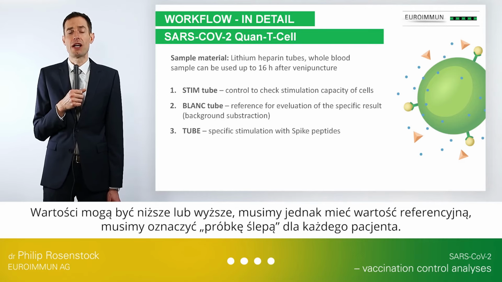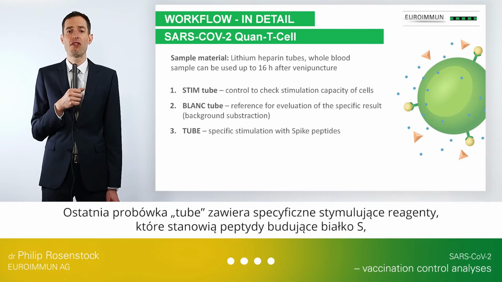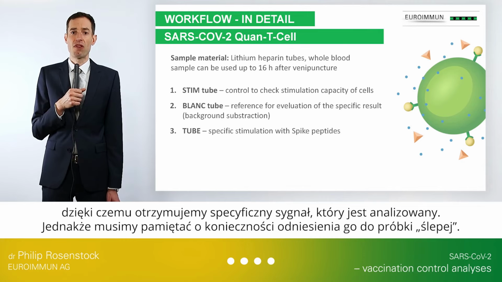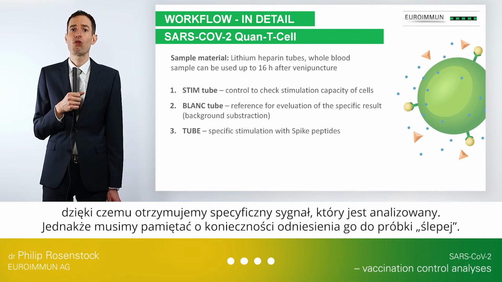It might be lower, it might be higher. However, to have a reference value, we need to detect the blank for every patient. And then we have a tube that contains specific stimulation reagents. It's peptides of the spike protein. And this is the specific signal that is going to be analyzed. However, it needs to be referred to the blank tube.